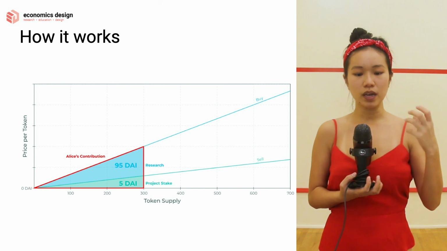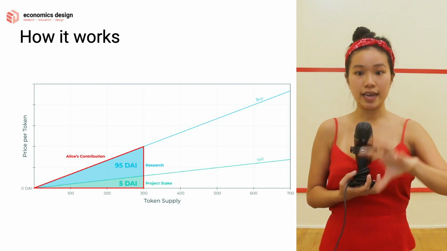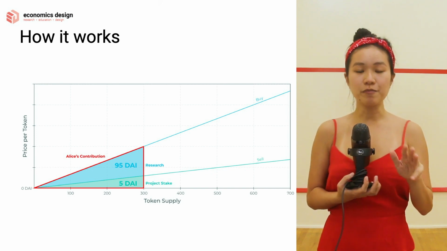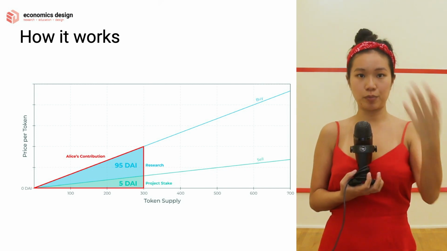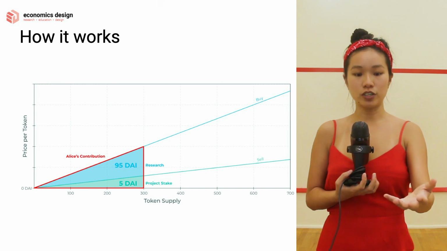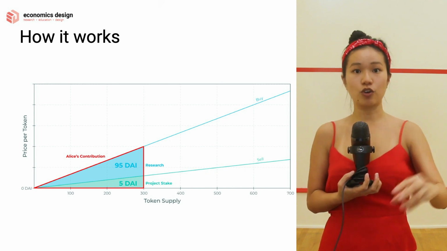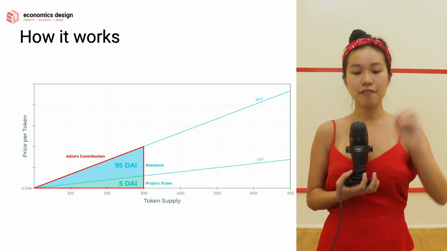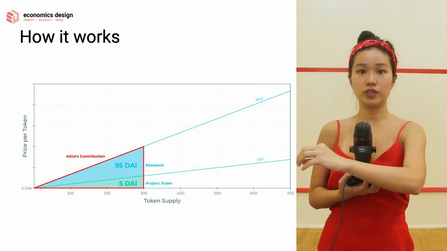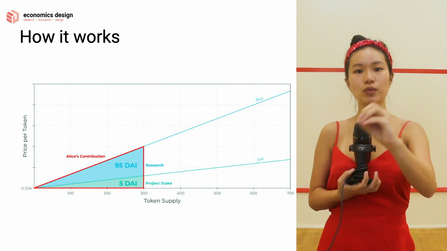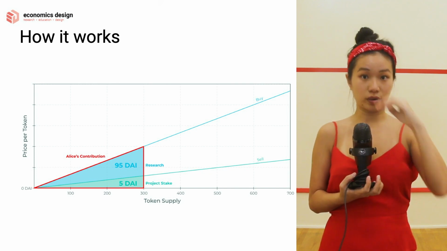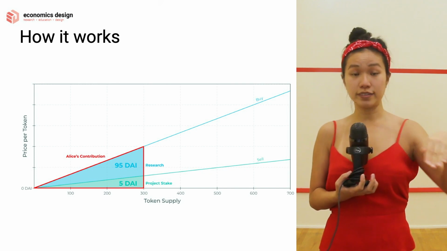With the research pool, let's say this model that we're looking at, 95% of it goes to the research pool. That means of the 100 DAI that I put in, $95 goes to funding the research. And $5 goes into the reserve pool, which is your sell curve. Because if anyone wants to sell the tokens, they will not sell it at the price of the buying curve.